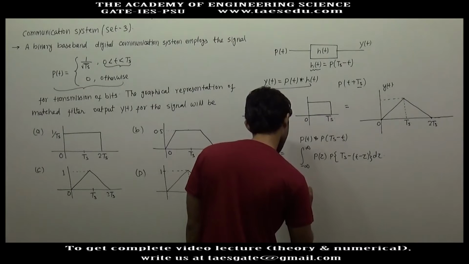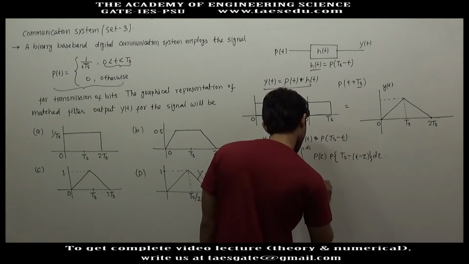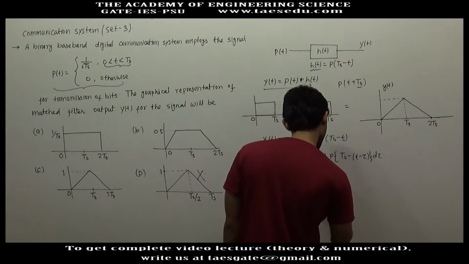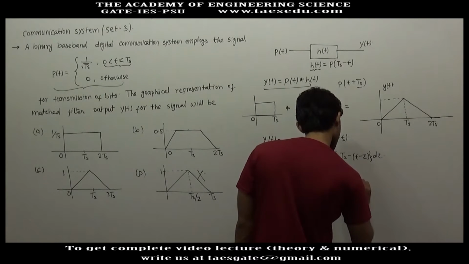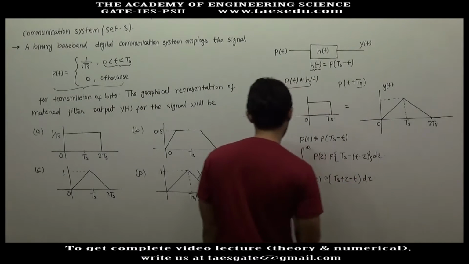This is equal to the integration from minus infinity to plus infinity of p(tau) p(Ts + tau - t) d tau.